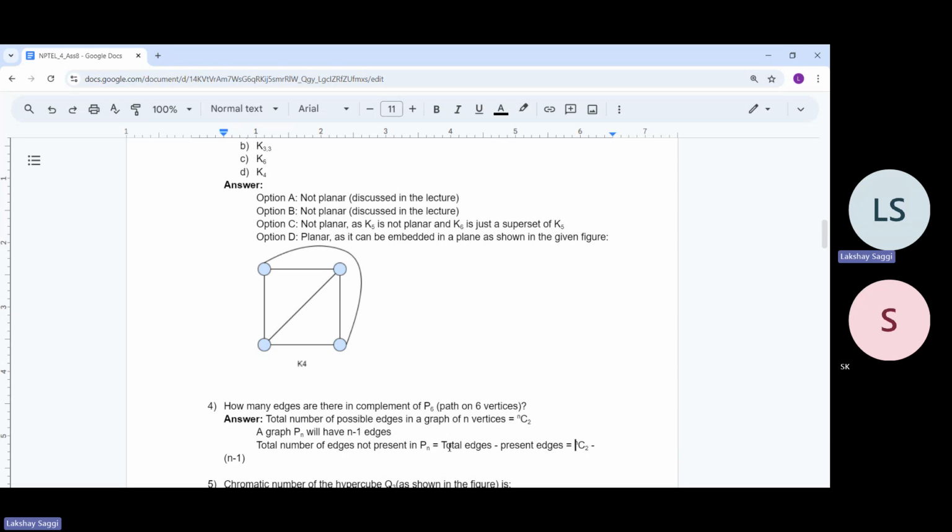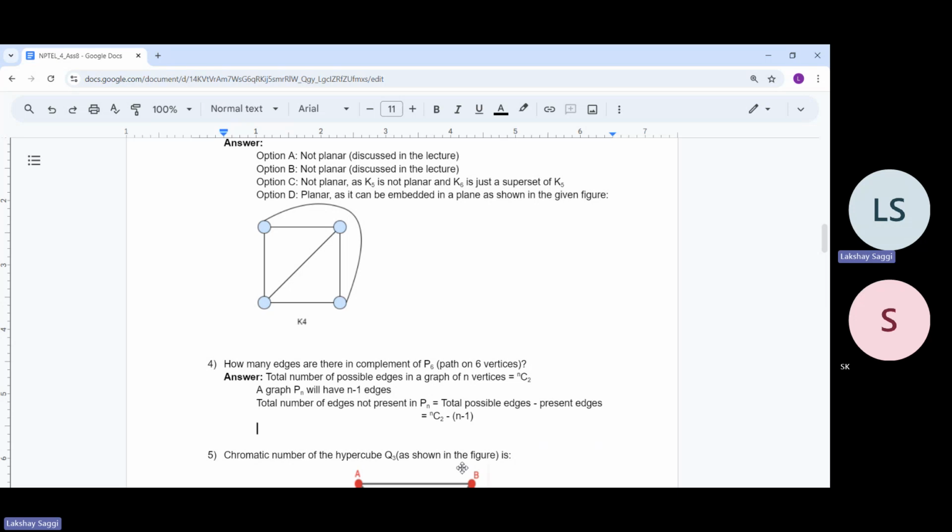And this is equal to n choose 2 minus (n minus 1). So this is the number of edges not present in Pn, which is just the number of edges in the complement graph. So hence the number of edges in the complement graph of Pn is equal to this quantity.